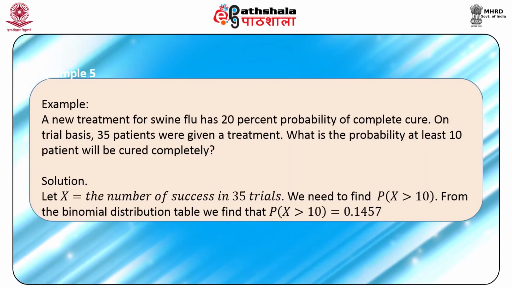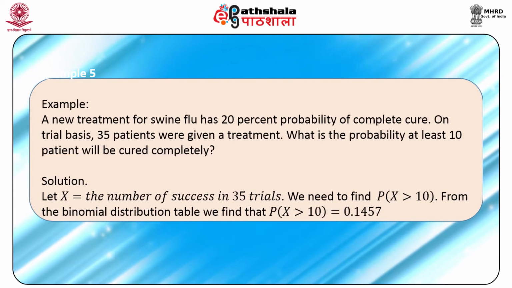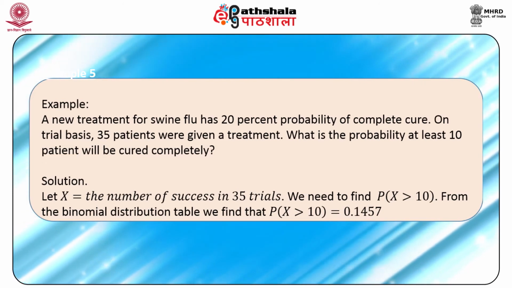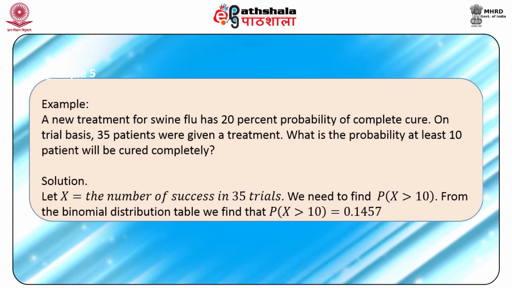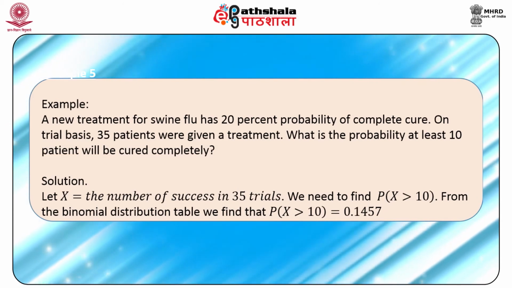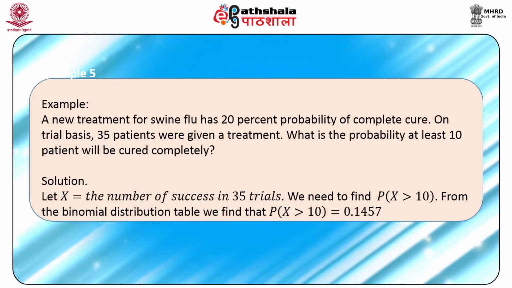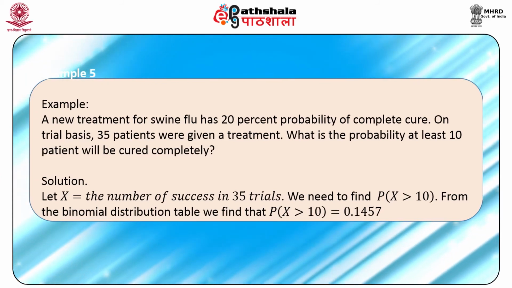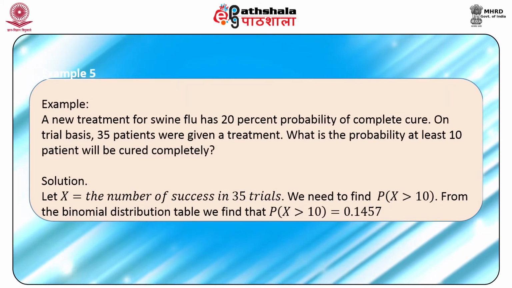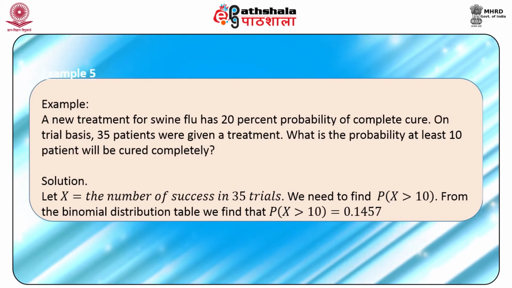Let's take an example of this binomial distribution. A new treatment for swine flu has 20% probability of complete cure. On trial basis, 35 patients were given a treatment. What is the probability at least 10 patients will be cured completely? The solution is that let x be the number of successes in 35 trials.